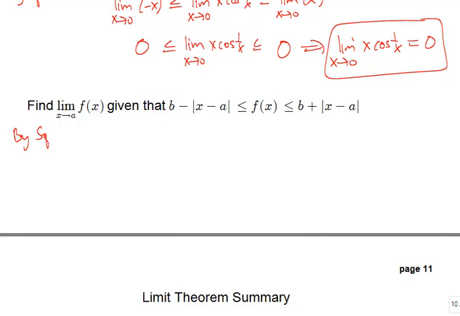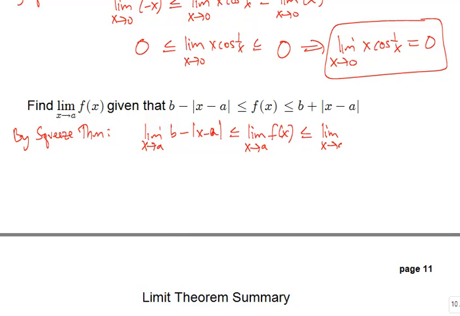So by the squeeze theorem, since we have this function f that's bounded between a low and a high, the limit as x goes to a of the left function has to be less than or equal to the limit as x goes to a of the middle, which has to be less than or equal to the limit as x goes to a of the upper function.